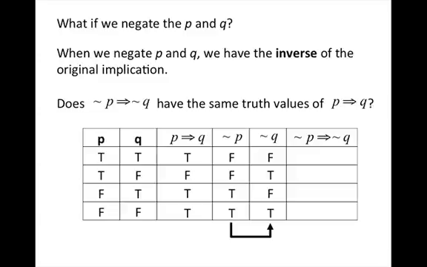The implication is false when the first part is true and the second part is false. So in this case, when not P is true and not Q is false, my implication is false. That happens in the third row. In every other case, it's true.